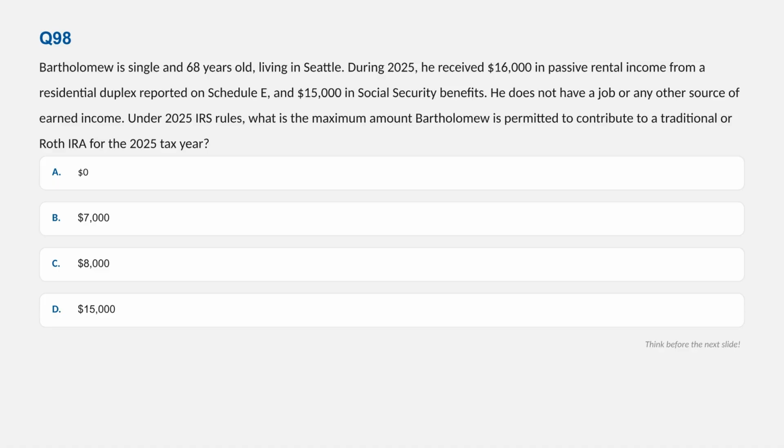He does not have a job or any other source of earned income. Under 2025 IRS rules, what is the maximum amount Bartholomew is permitted to contribute to a traditional or Roth IRA for the 2025 tax year? A. $0, B. $7,000, C. $8,000, D. $15,000.